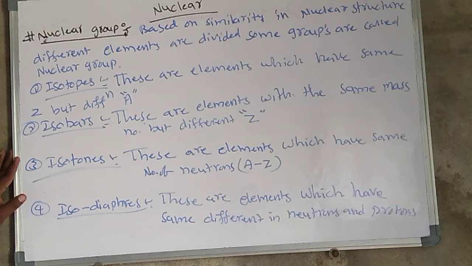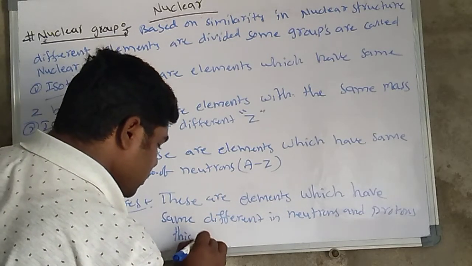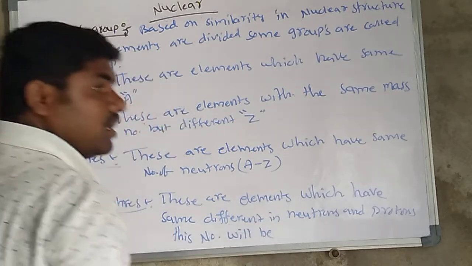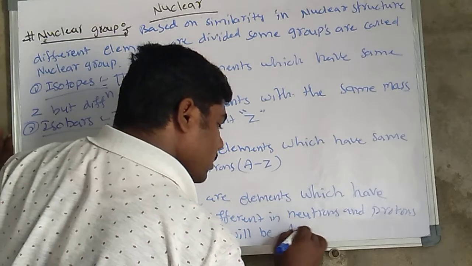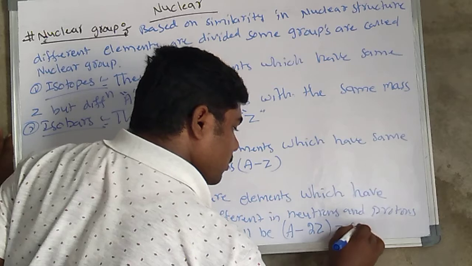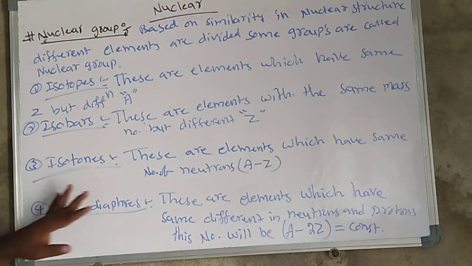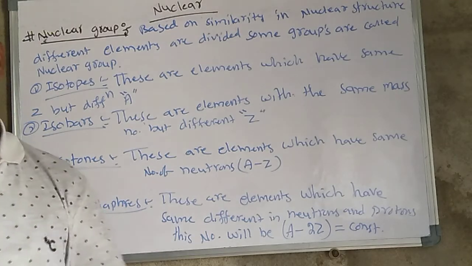This number, A minus 2Z, should be equal to a constant. This type of element we call isodiaphers. These four groups are very, very important.